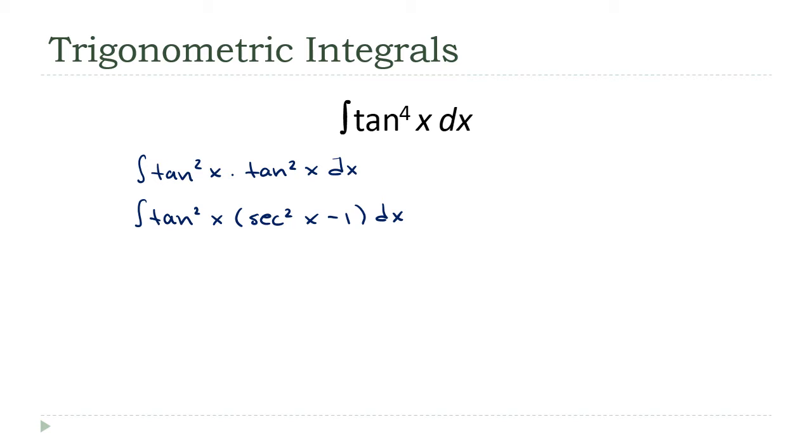And now I'm going to break a little bit with what we did before. In the past, when we got to this point, this is where we looked for a trig function we could use to do a u substitution. What I'm going to do here is distribute into the parentheses. I'm going to let this become the integral of tangent squared x secant squared x minus tangent squared x dx.